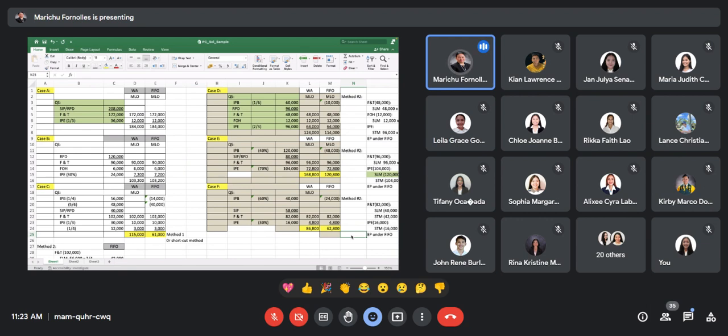All finished units will be multiplied by 100%. The unfinished units will be multiplied by the given fraction completed or the given percentage completed. So method 1 is our shortcut method in calculating the EP for weighted average and first in, first out method.